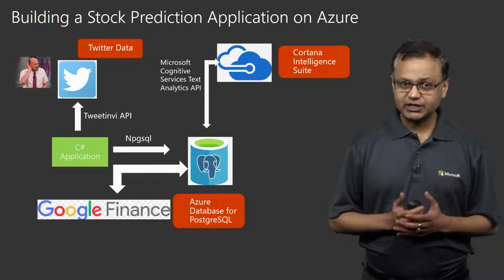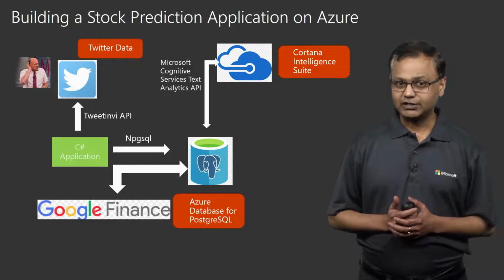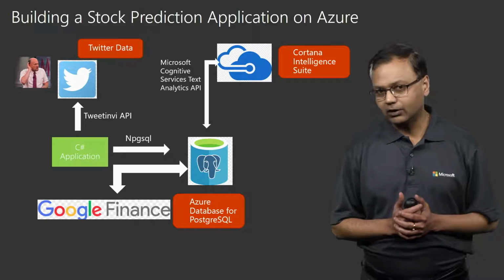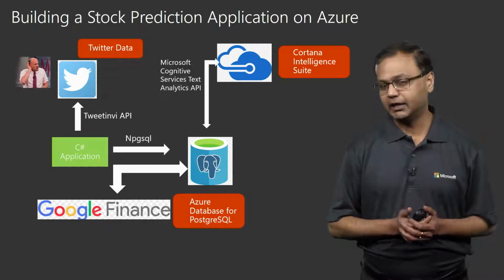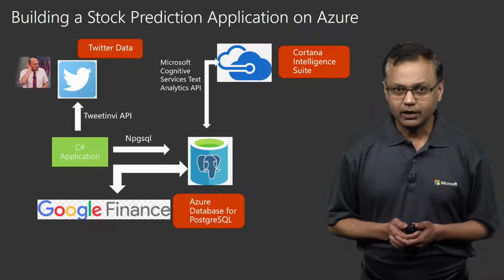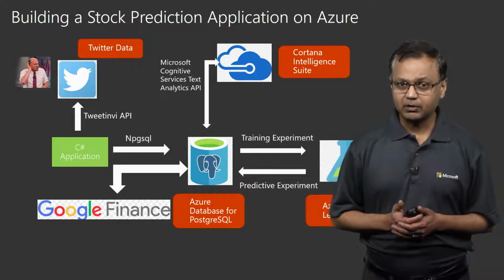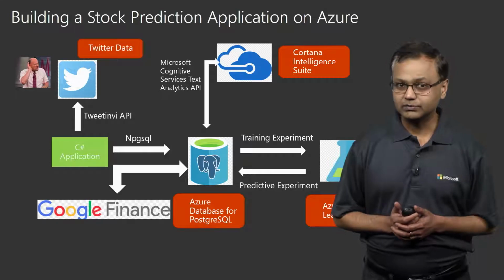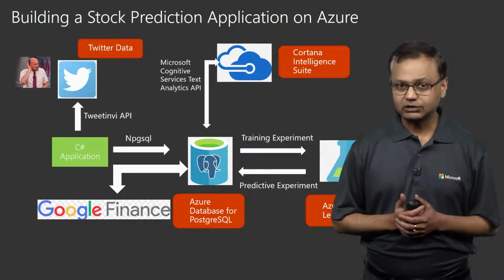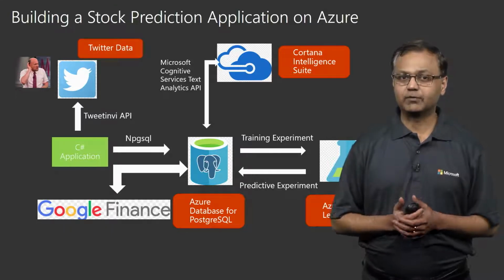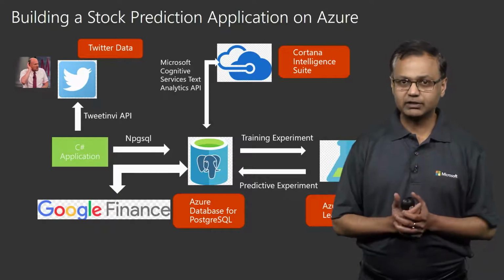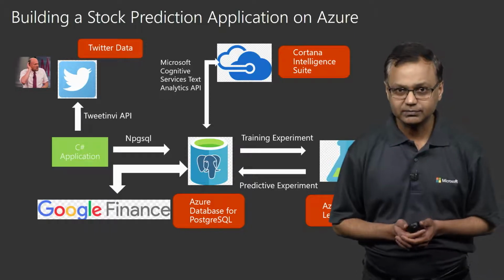I'm also going to ingest Google Finance data, which has all the market highs, lows, volume, and all of that historical data, into the PostgreSQL database. Now, I'm also going to run some machine learning algorithms to train my predictive models with all this historical data coming from Google Finance and also the previous historical sentiment scores for the tweets.